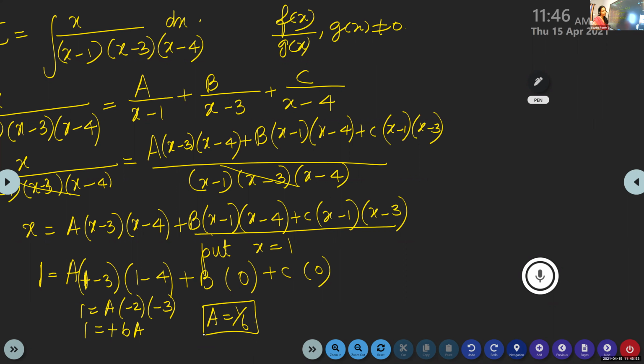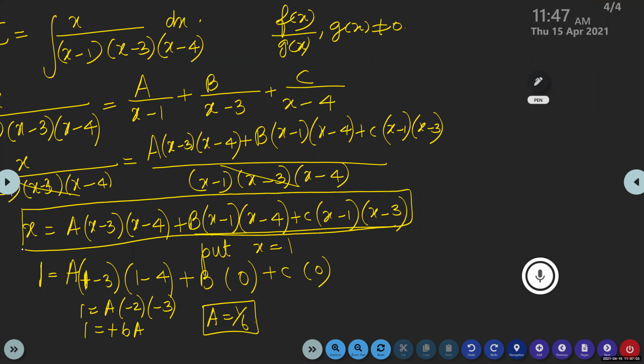To find B, what is the value we will assign? This is the function, and this function only we have to consider. In order to find B, we should make the terms with A and C as 0, isn't it?